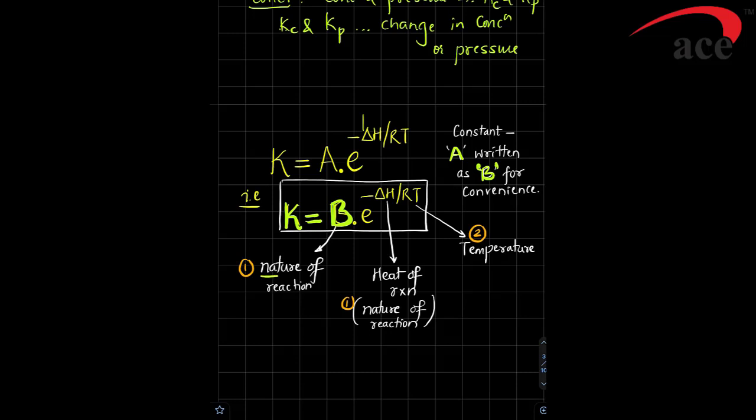The constant B depends on the nature of the reaction. Delta H, called the heat of reaction, also depends on the nature of the reaction. And T stands for temperature. So what are the factors on which the equilibrium constant depends? It depends only on two factors. One factor is the nature of the reaction and the second factor is temperature.